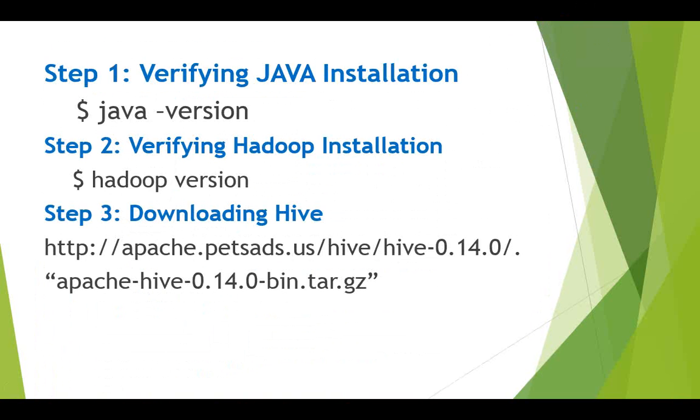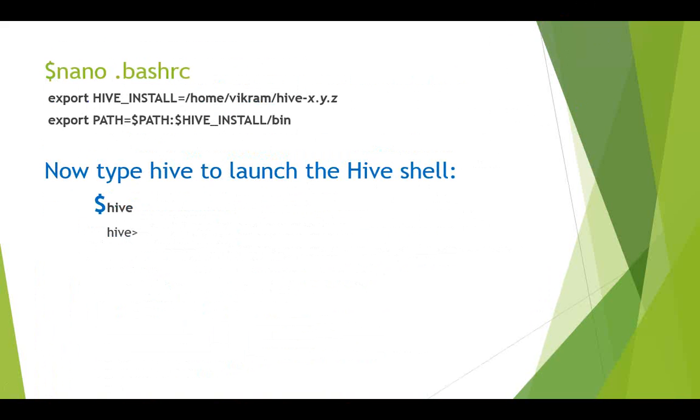How to set up Hive? The same process: we move to the bash shell, the .bashrc, and there, as with Java and Hadoop, you have to set the Hive installation directory along with the path. For that we have the command: export HIVE_HOME, then provide the location where your Hive is present, then give the path where your Hive bin directory is present.